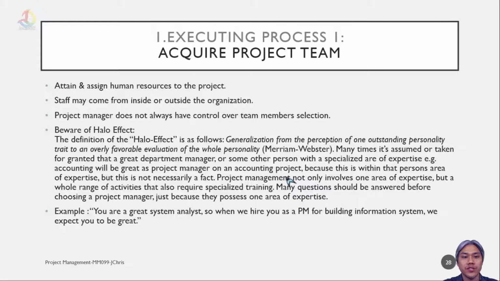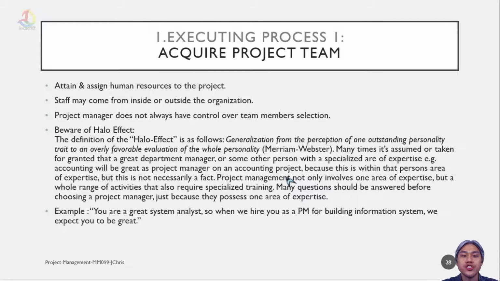One thing to be noted though is you need to be aware of the halo effect. Halo effect, by definition, is generalization from the perception of one outstanding personality trait to an overly favorable evaluation of the whole personality, based on Merriam-Webster.